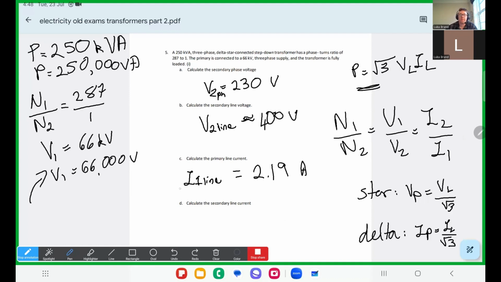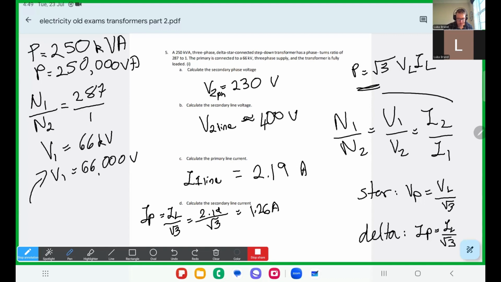So this is primary I line. So I want to find I phase. Now I'm using the delta equation because it's a delta star and primary is delta. I phase equals IL divided by square root of 3, which would equal 2.19 divided by square root of 3, which equals 1.26 amps.